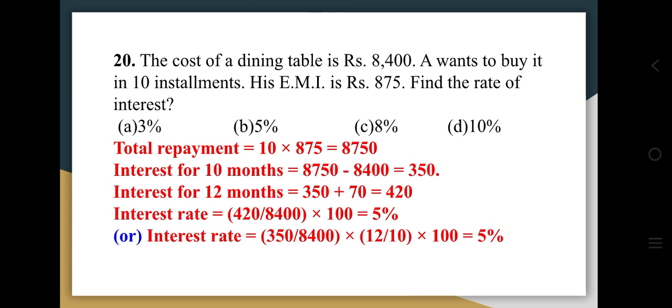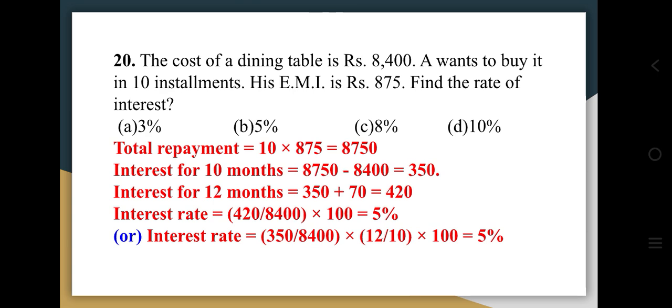So interest for 12 months. For 10 months 350 means for 1 month it is 35. So 350 plus 2 into 35, so 350 plus 70, that is 420. So the interest for 12 months is 420. That is interest per year is 420. But the cost is 8,400. So for 8,400, the interest paid is 420. Interest rate means the interest paid per 100 per year.